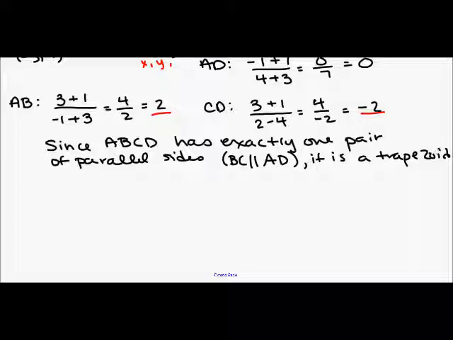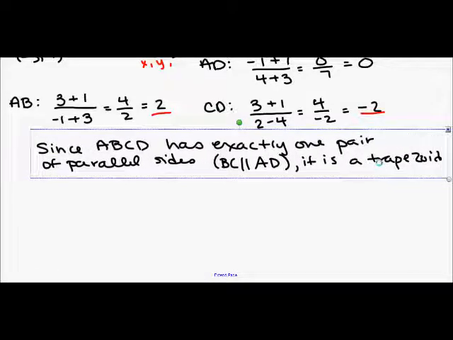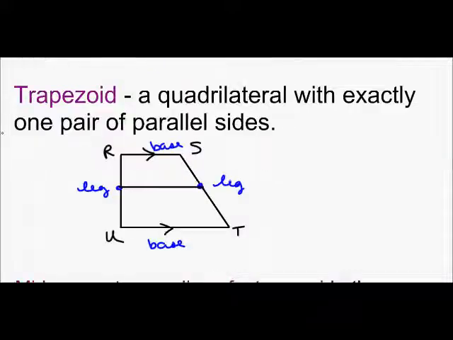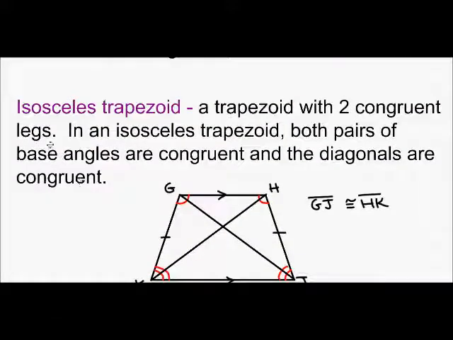So one of my properties of isosceles trapezoids is that the base angles and diagonals are congruent.